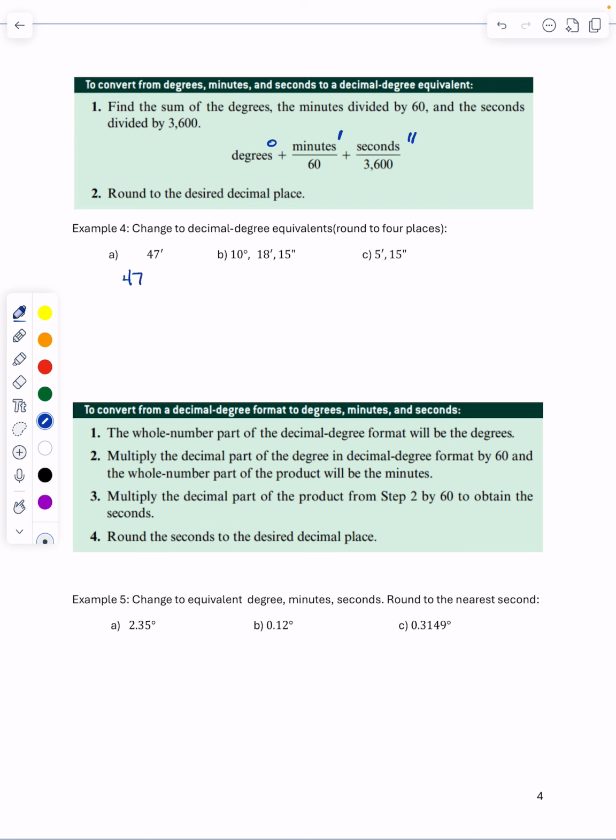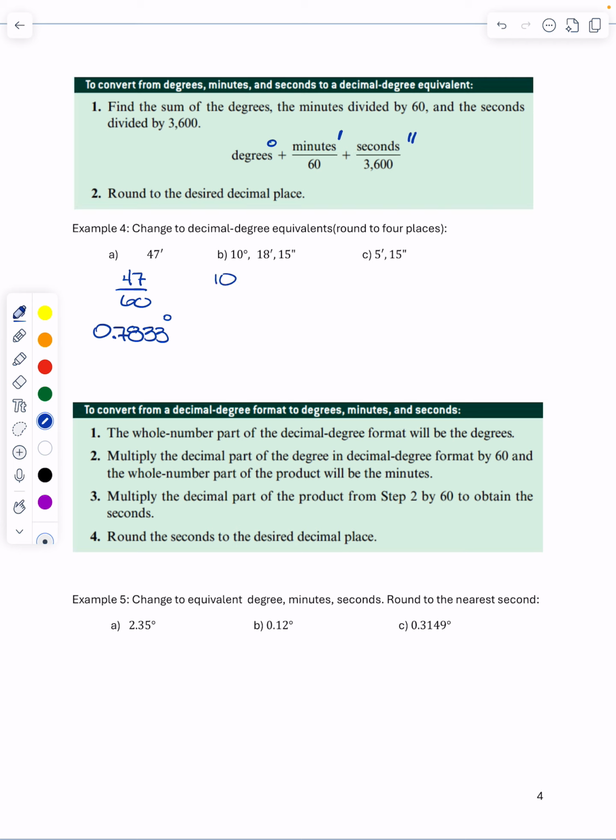I need minutes divided by 60. That's going to give me a decimal, a number less than 1. 0.7833 degrees. So this is how we get rid of a decimal part of a degree, or we make it more precise.